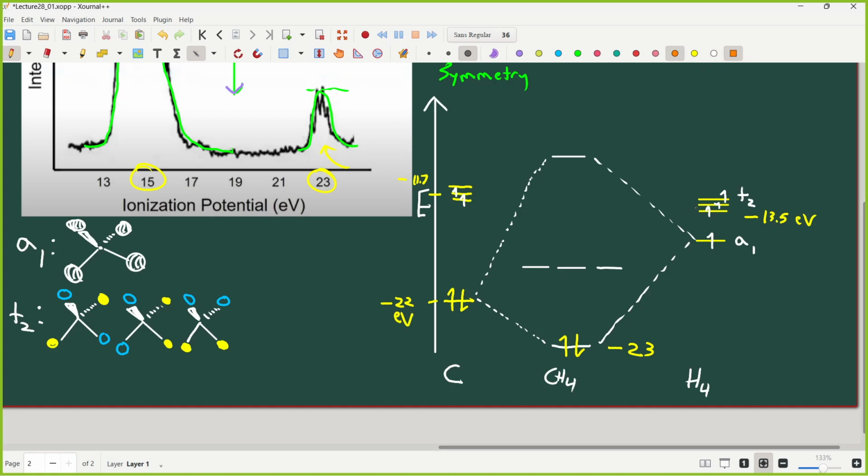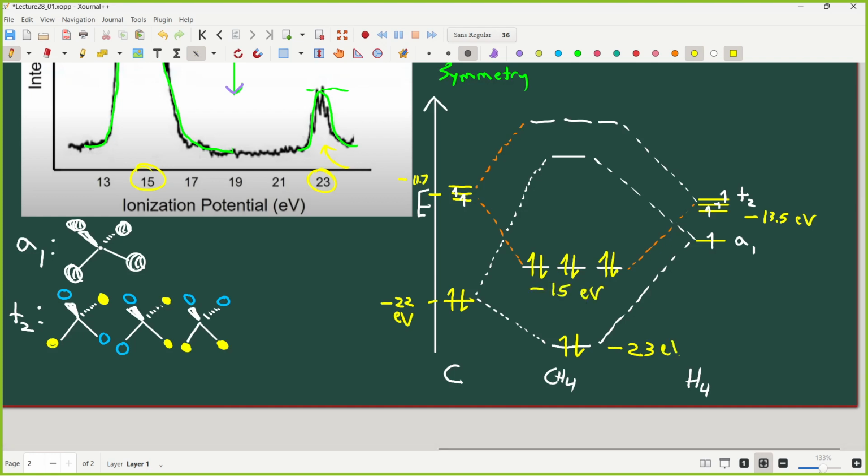These are constructed from the triplet set of hydrogen orbitals and the p orbitals from carbon. And we make an anti-bonding set that has the same symmetry up here. Okay, and then all we do is we just fill in the electrons. We have 6 more electrons to fill. And these are at minus 15 eV. There we go. That's methane.